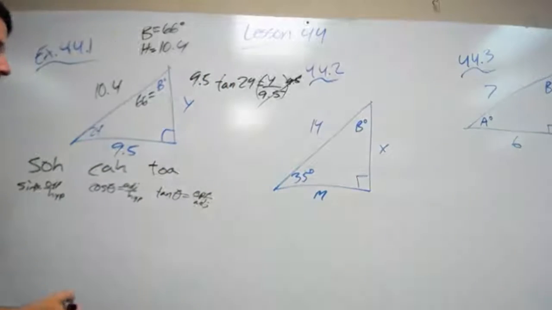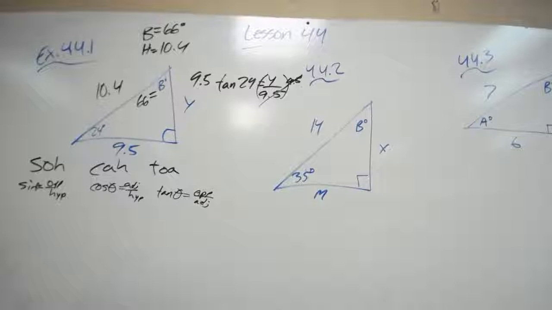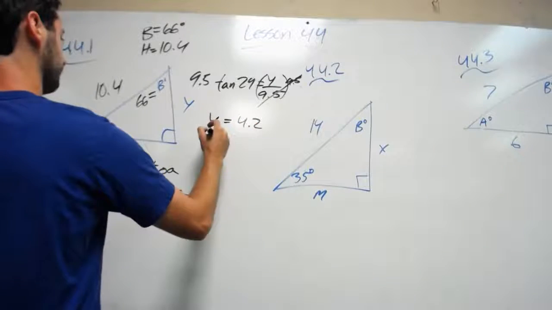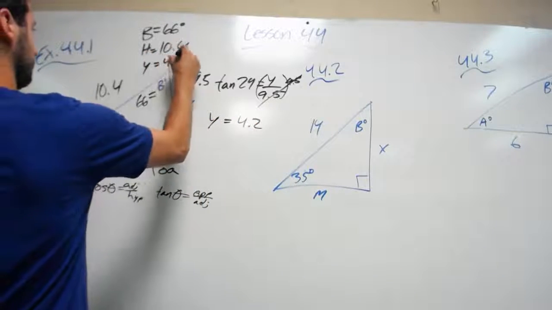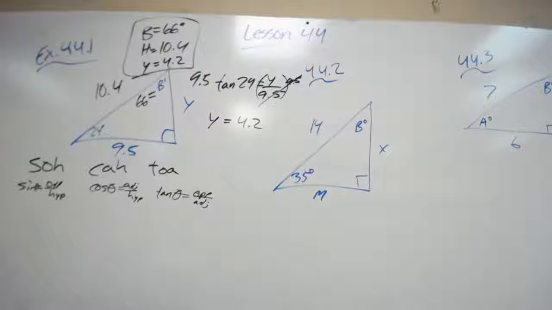And you have 9.5 times tangent 24. You put that in your calculator and get 4.2. And there would be all three of your answers. And that's how you solve for right triangles.